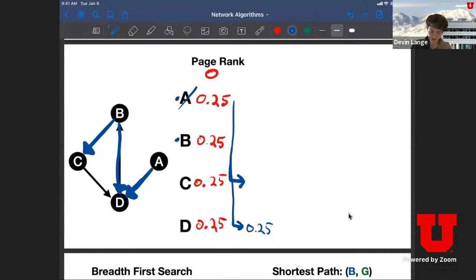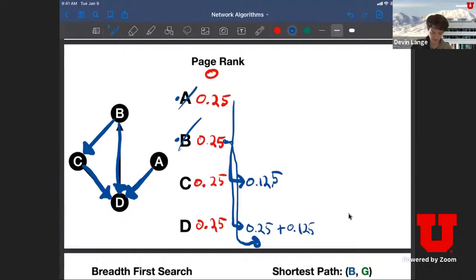So some are going to go to C, and some of these are going to go to D. And they're going to get a half of 0.25, which is 0.125. Great, B is done.